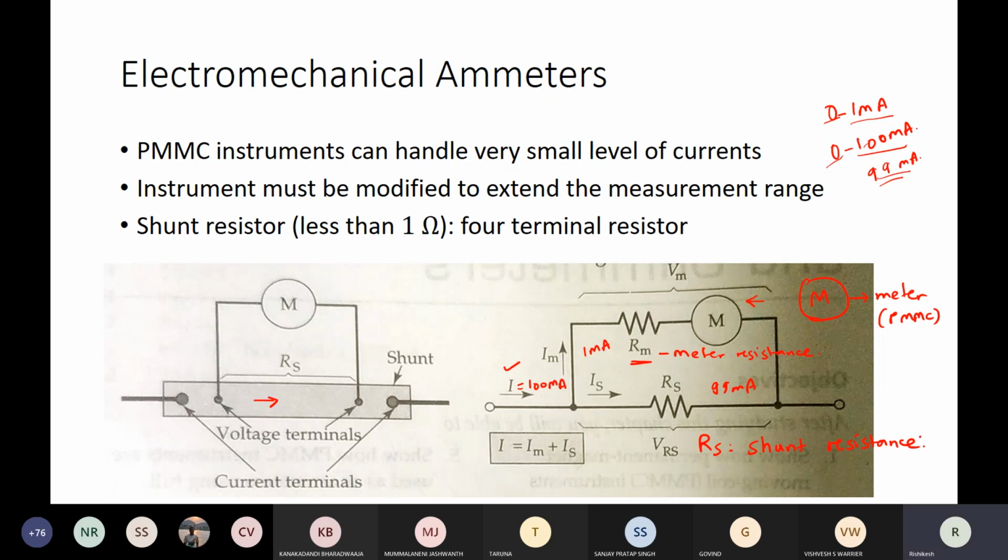Now what is required is we need to design the shunt resistance appropriately, right? So the equation one can establish is for the current to be measured and the meter current. When we say meter current, we are referring to full scale deflection current.